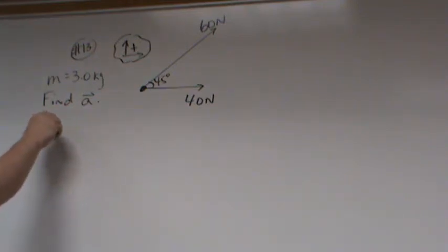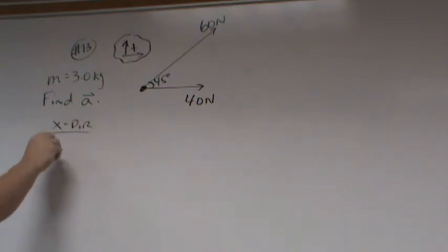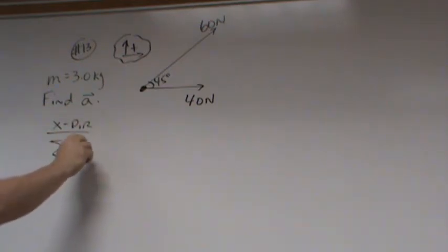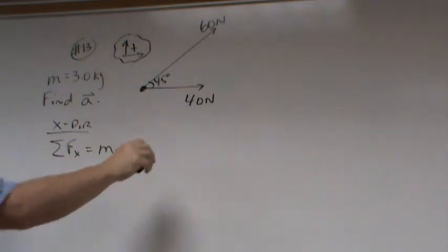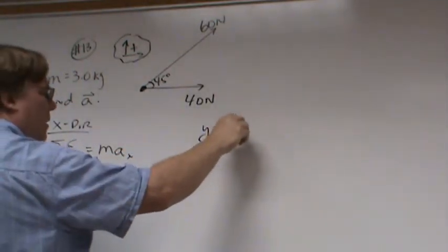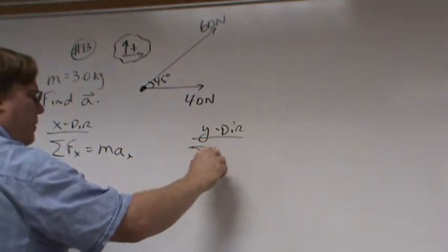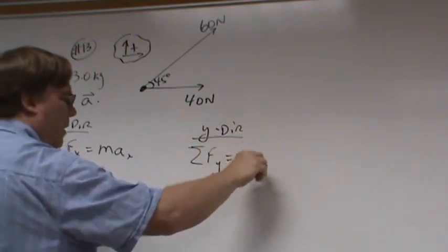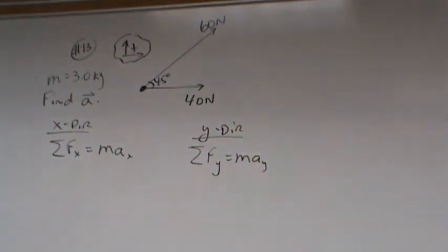So, looking at the x direction, I have the sum of the forces in the x direction equals ma_x. And looking in the y direction, I'm going to have the sum of the forces in the y direction equals ma_y.